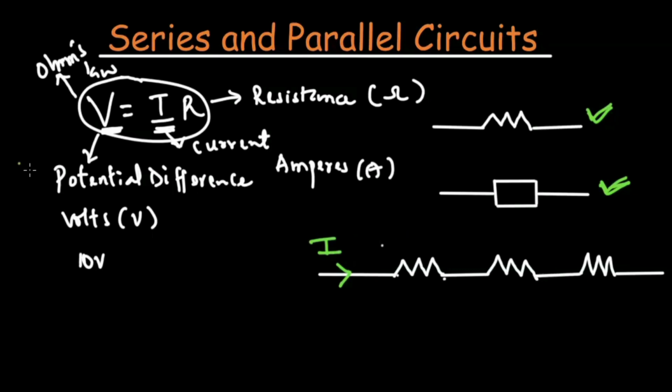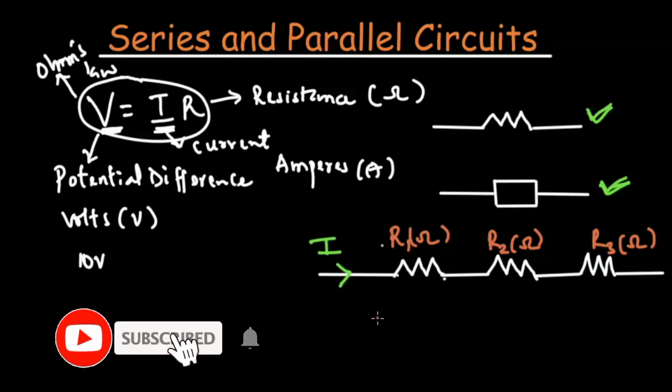So if I say this is R1 ohms, this is R2 ohms, and this is R3 ohms, the same current will pass through R1, this same current will pass through R2, and this same current will pass through R3, because they are in series.